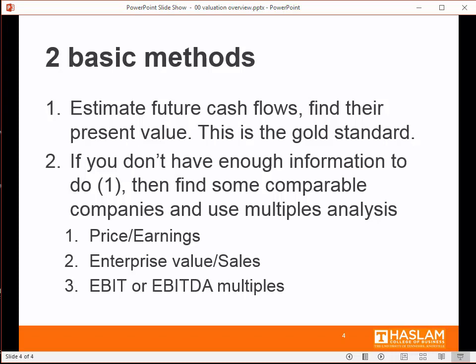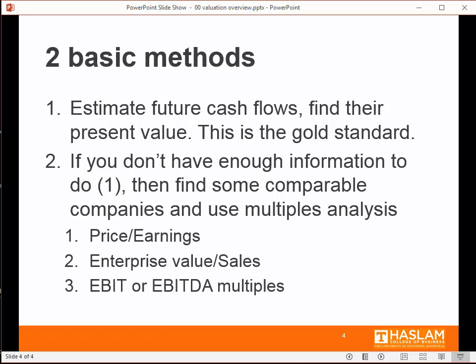Now, the disadvantage of that is that frequently it's difficult to find comparable companies. And it's also frequently difficult, once you have comparable companies or even your target company, to find actual financial data, because if you don't have enough financial data to estimate future cash flows, you may not even have enough financial data to calculate these ratios.